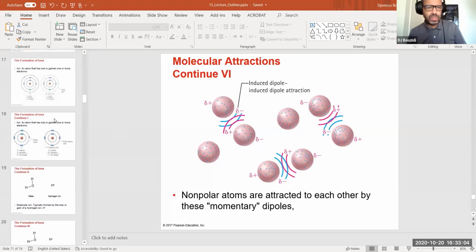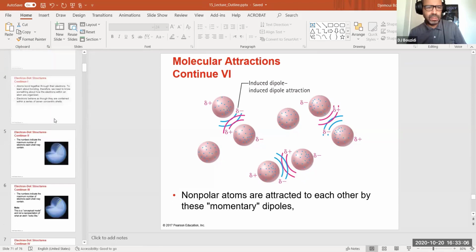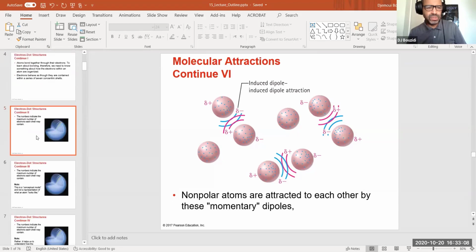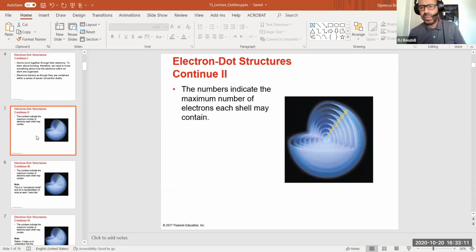That's where the test is going to focus mainly, especially on the shell structure, the explanation of many properties, and the 3 main types of chemical bonding: ionic bonding, covalent bonding, and also the dipole-dipole and dipole-induced dipole interactions. Those are the key things for this chapter.